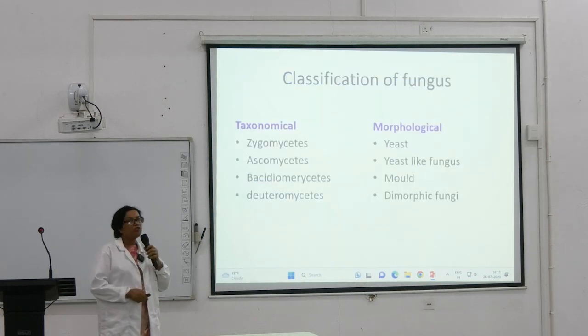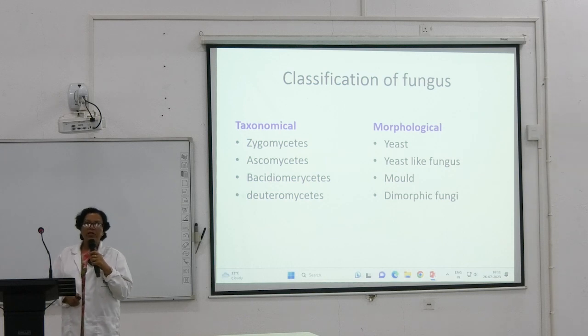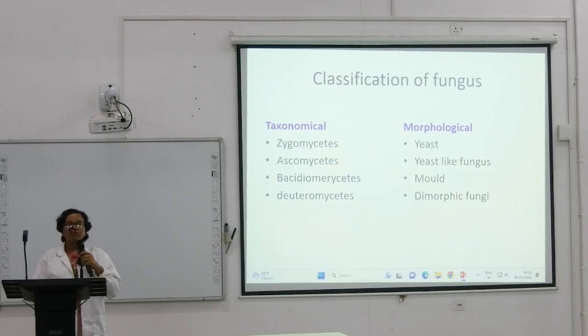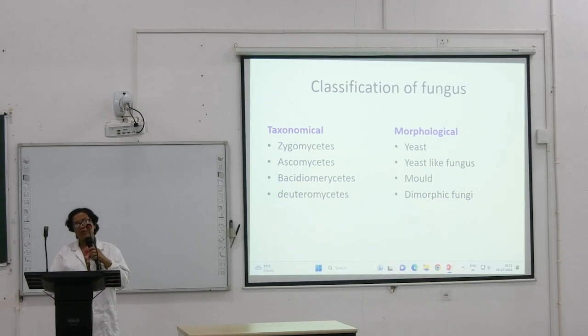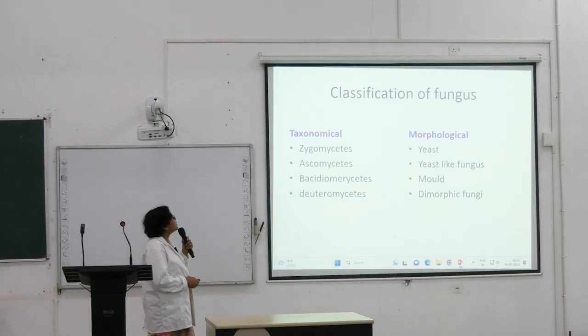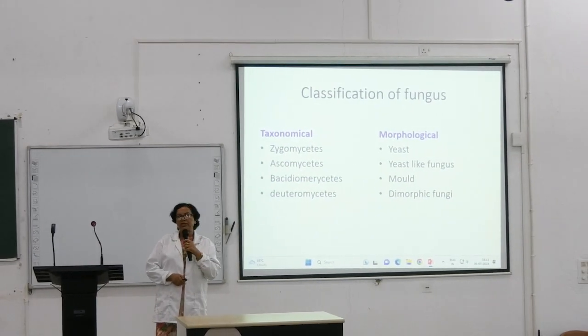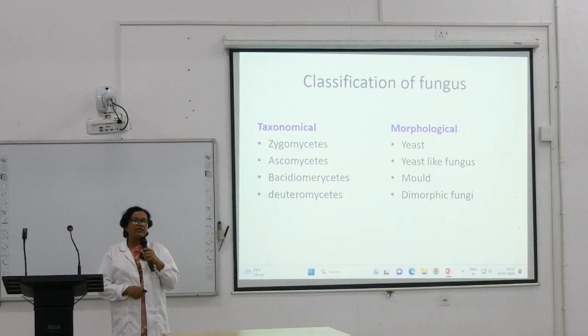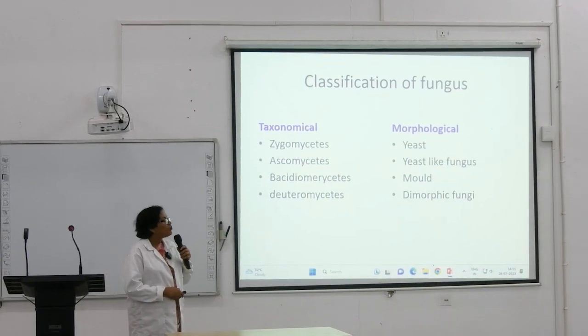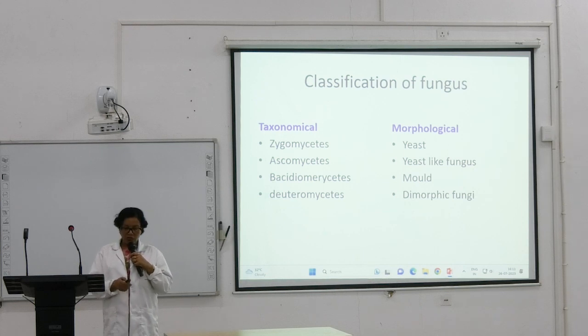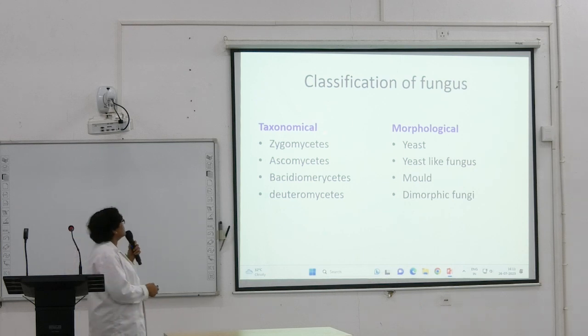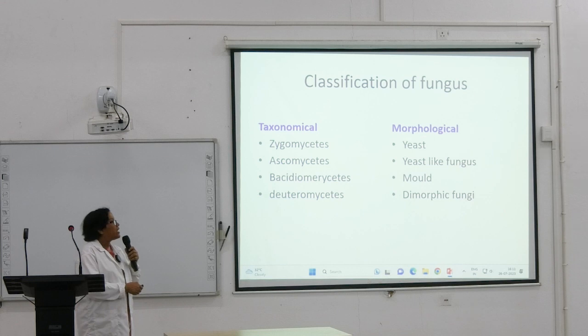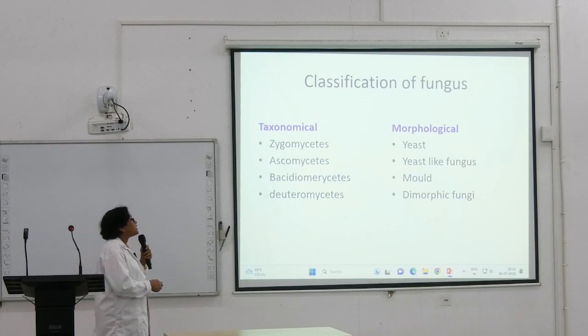Next, classification of fungus. For the oral examination and for short notes, fungus is very important. There are two types of classification: one is taxonomical classification and another is morphological classification. Taxonomical classification, you can see: zygomycetes, ascomycetes, basidiomycetes, deuteromycetes.